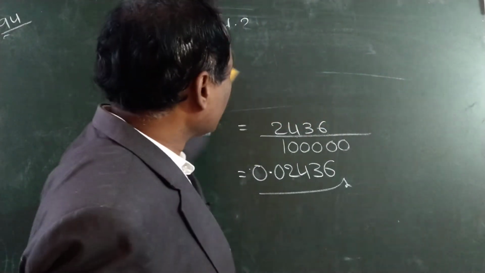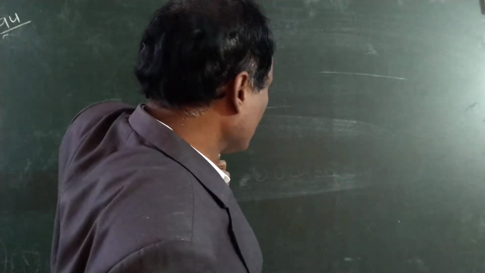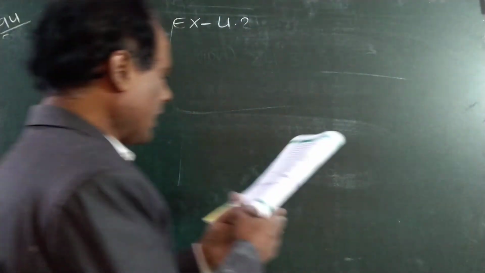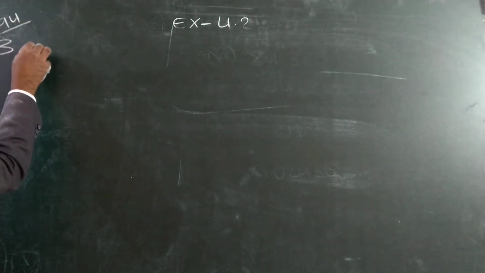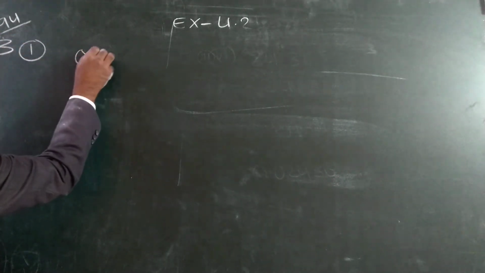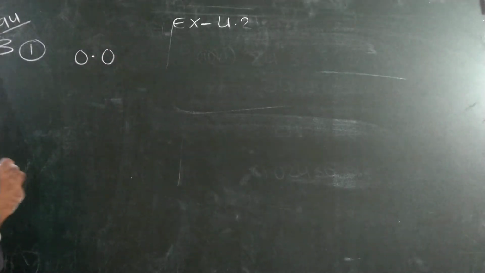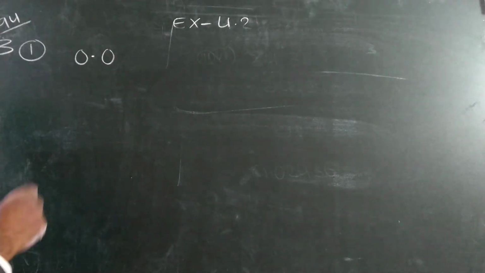Same model, the total exercise is the same model. So you do the next problem. Same model, nothing new. Already we solved all; each and every problem I am explaining. 0.0, how many zeros? 1, 2, 3, 4, 5, 6.